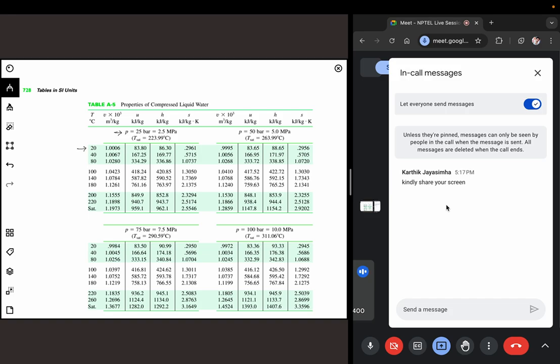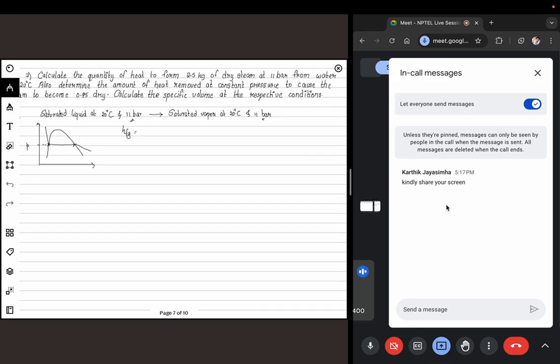You can see the value at 20 degrees Celsius. So let's use the value of 25 bar. Otherwise, you have to do some interpolation. I'm just changing the values here so that you don't have to do the interpolation.